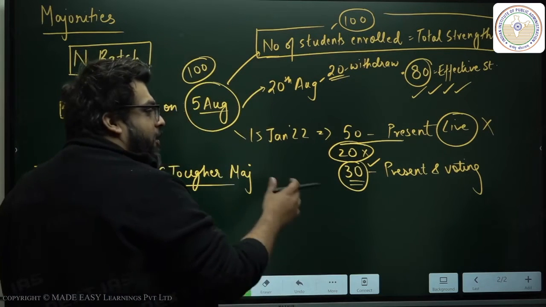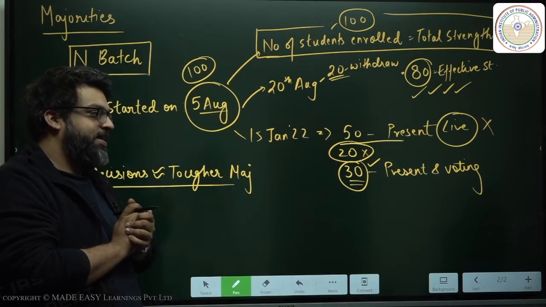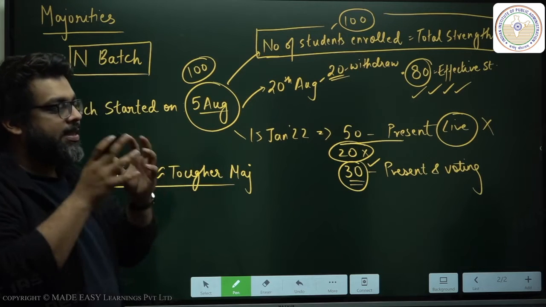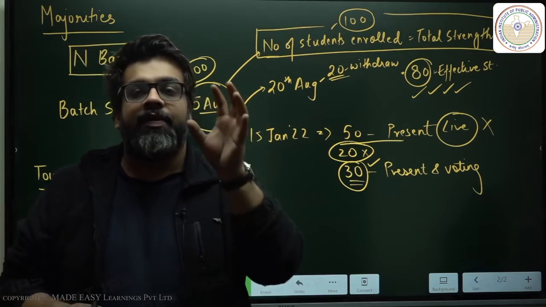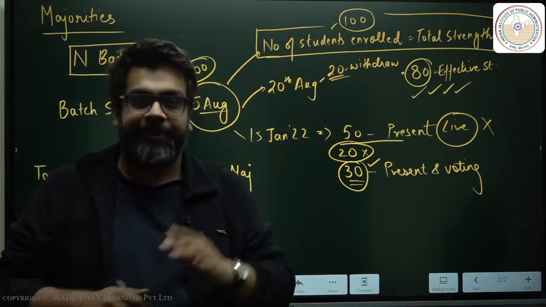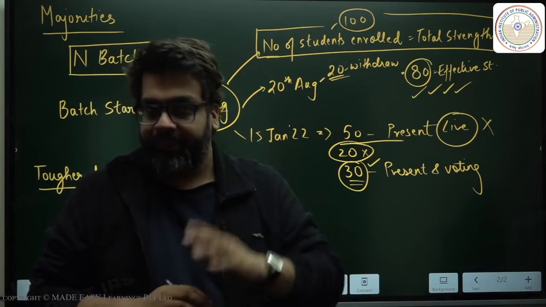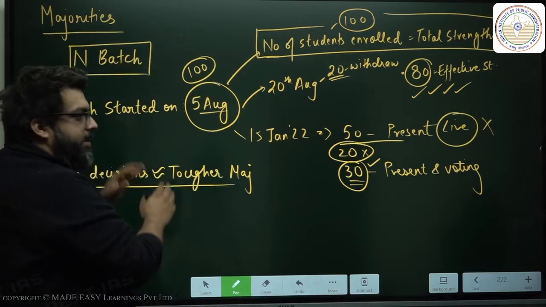Right? So it is on the basis of this that parliamentary majorities are formed, ladies and gentlemen. It's that simple. Parliamentary majorities is nothing but figuring out who to ask what question from. Understood?